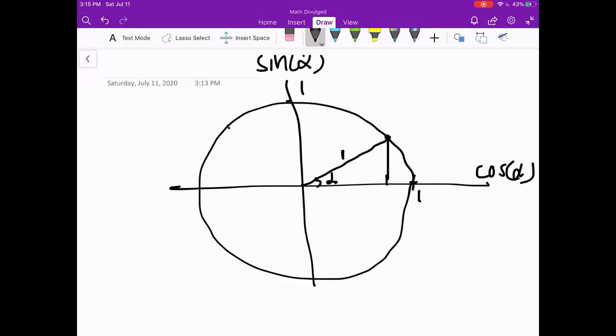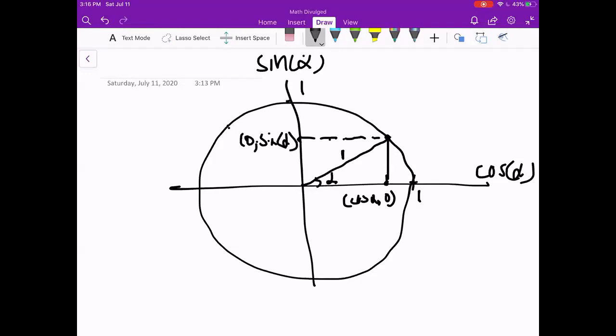Since we know that the x-axis is cosine of alpha, this value right here is cosine of alpha, comma 0. And since the y-axis represents sine of alpha, let me draw a dashed line right here. This value right here is 0, comma sine alpha.